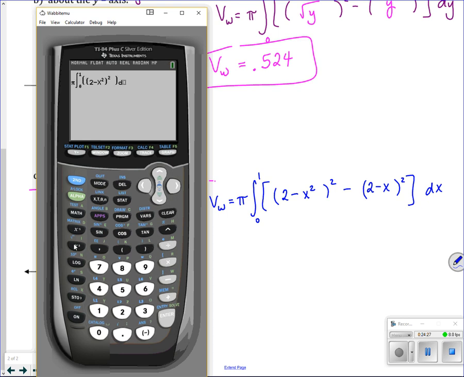So that's big R squared minus 2 minus x squared dx. And lo and behold, I get my volume. 1.676. And there you go.